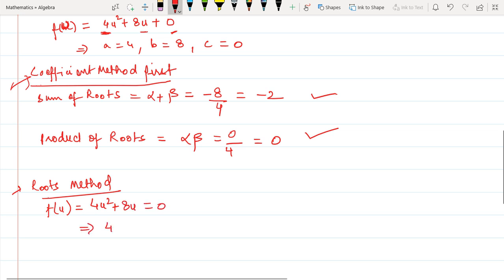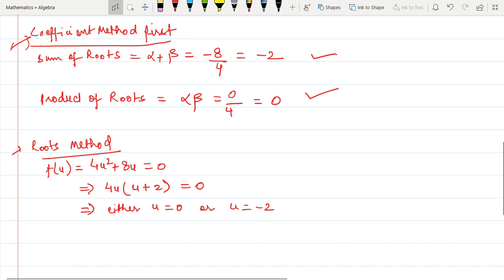If I take 4u common, I get 4u times (u plus 2) is equal to 0. And this means either u is equal to 0 or u is equal to minus 2. And this becomes my alpha equal to 0 and my beta equal to minus 2.